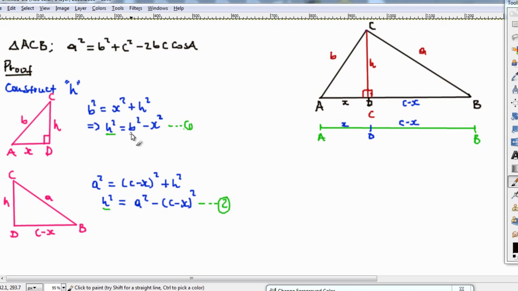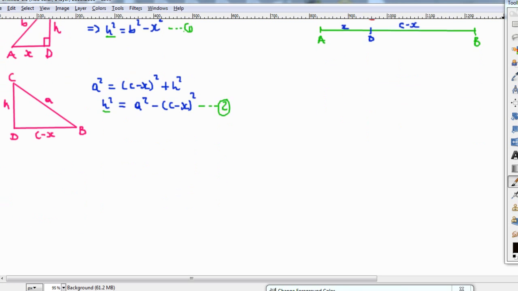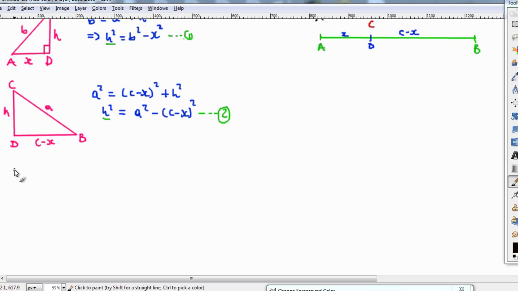And if they are equal, I equate them. So from equation 1, h squared is b squared minus x squared, but from equation 2, the same h squared is a squared minus c minus x everything squared.